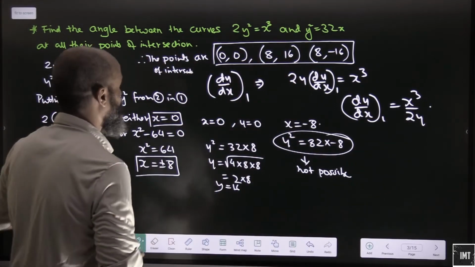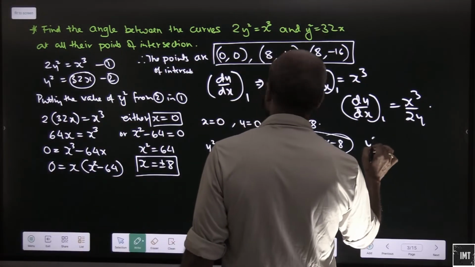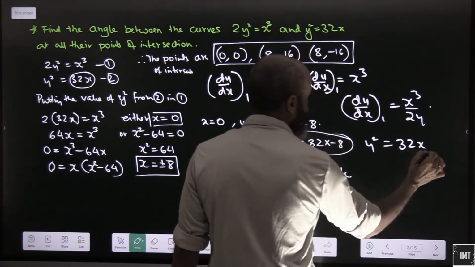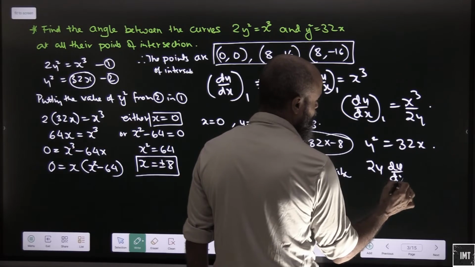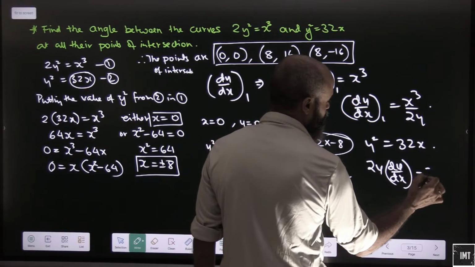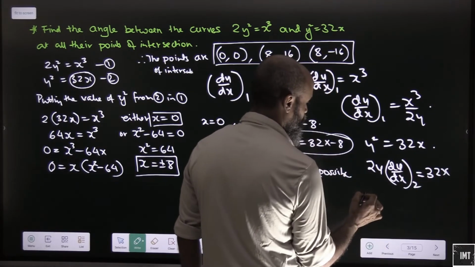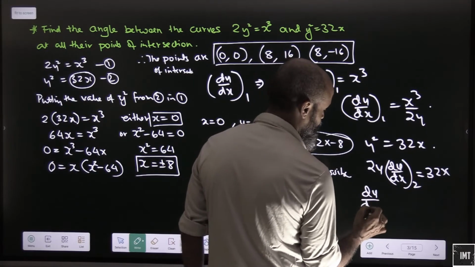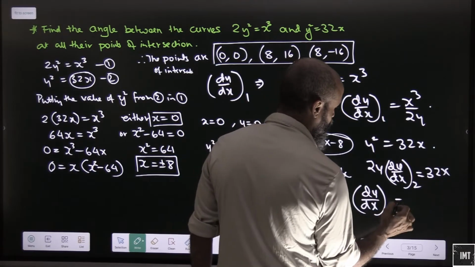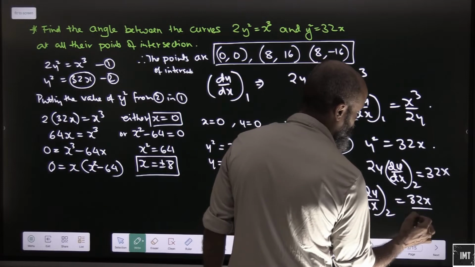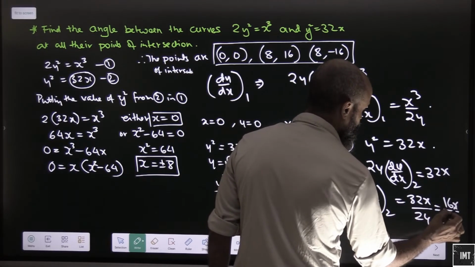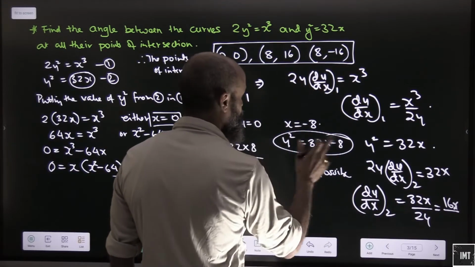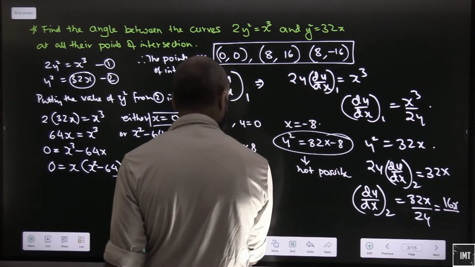In the same way we have y square is equal to 32x, so if I differentiate, this will be 2y dy by dx for the second one, equal to 32. So dy by dx at the second point will be 32 by 2y.